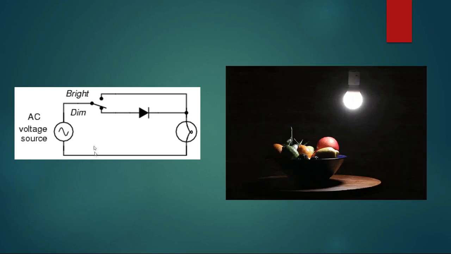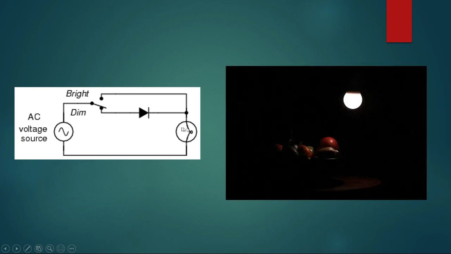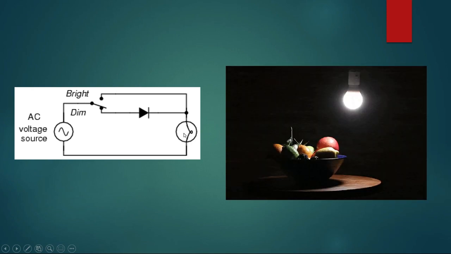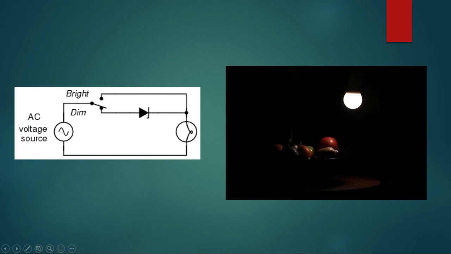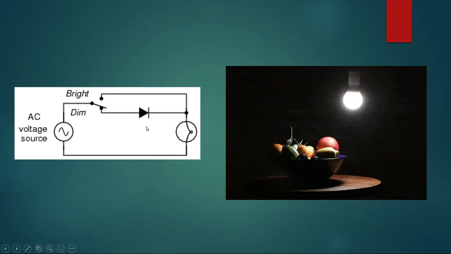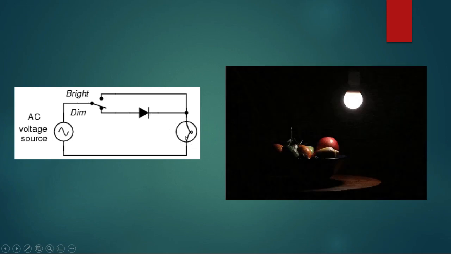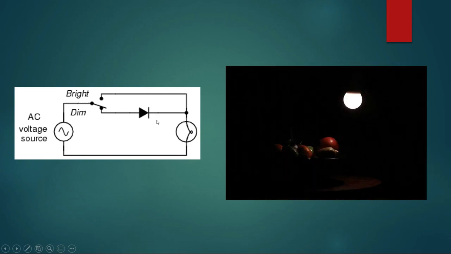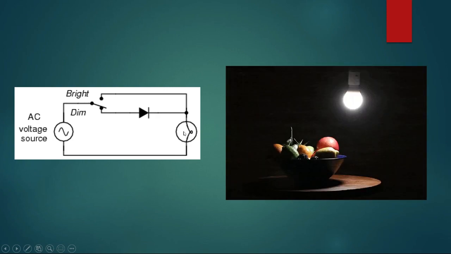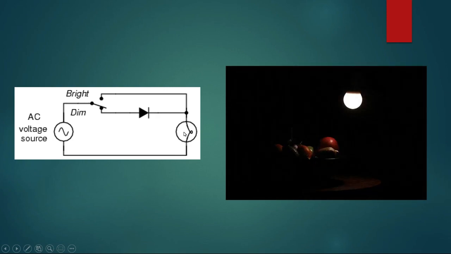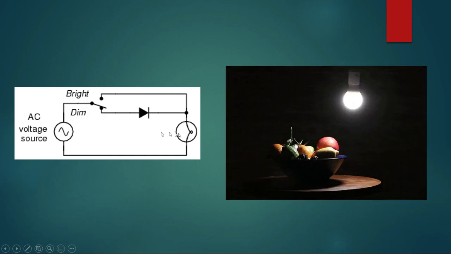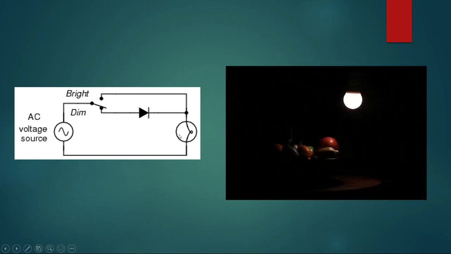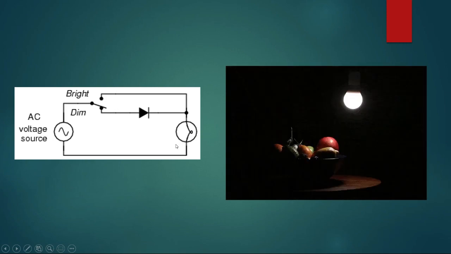So in the positive half cycle the bulb filament gets hot and we get some light. But when the diode goes into the negative cycle, before the filament becomes cool, the next cycle comes back and the bulb glows again. So it will not turn on and off, it will be in the middle. So it will become dim. It will not be completely off or completely on.